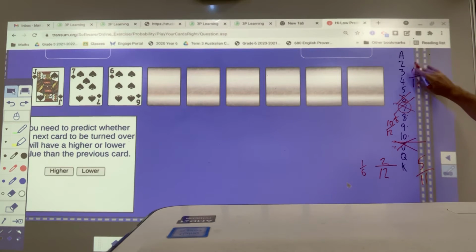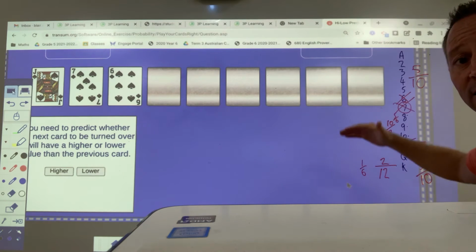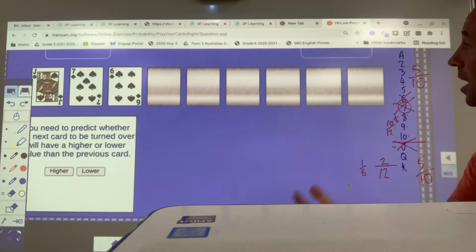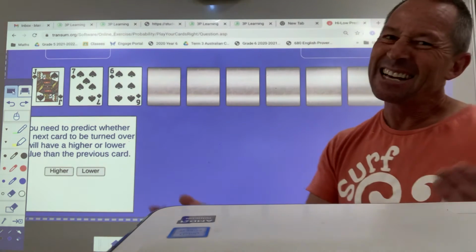Now I've got 5 chances out of 10 of it being lower than 6: ace, 2, 3, 4, 5. It's been higher: 8, 9, 10, queen, king. The odds are even, which means it's a 50% chance that it's going to be lower and a 50% chance it's going to be higher.